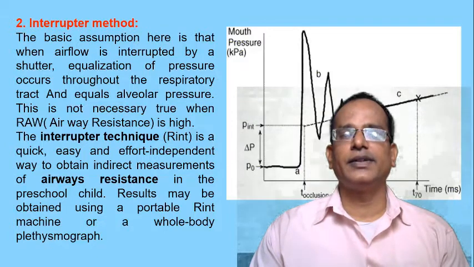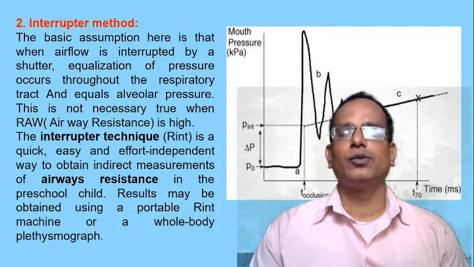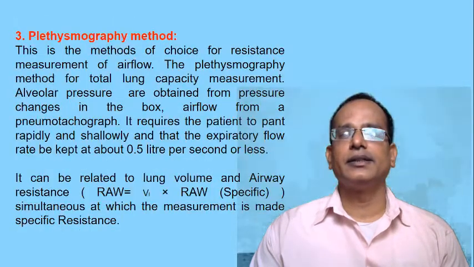Small children also we can measure their airway resistance, so it gives a result. It may be obtained using a portable interrupter technique machine, or else we can go for whole body plethysmography. Whole body plethysmography is more convenient compared with the pressure flow method. Another one is the interrupter method.